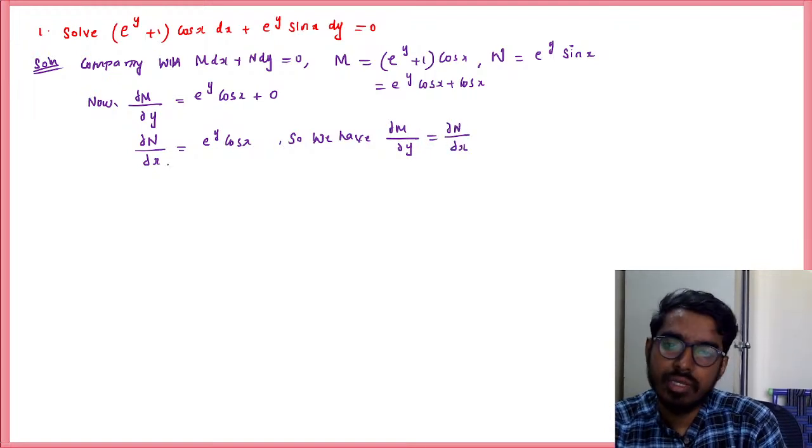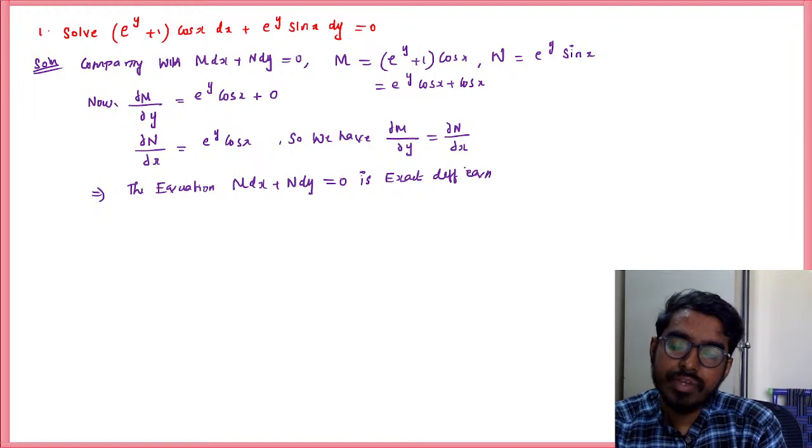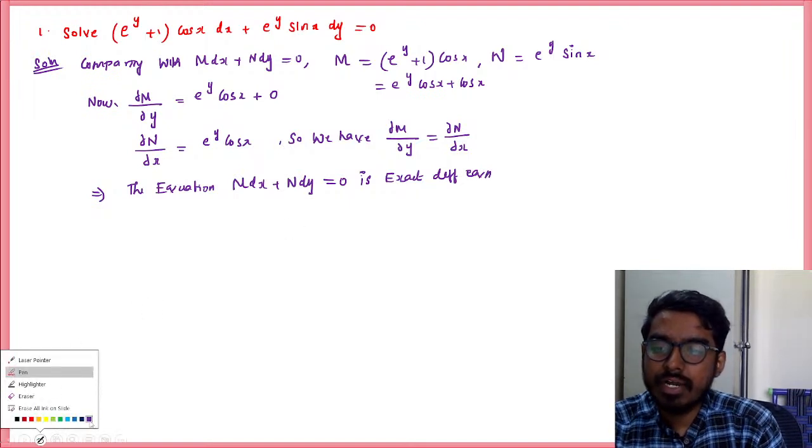Dou N by dou x. This implies the equation M dx plus N dy is equal to 0 is an exact differential equation. If it is exact, what is the solution? We know the solution, right?